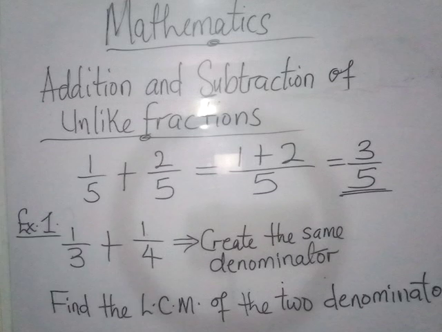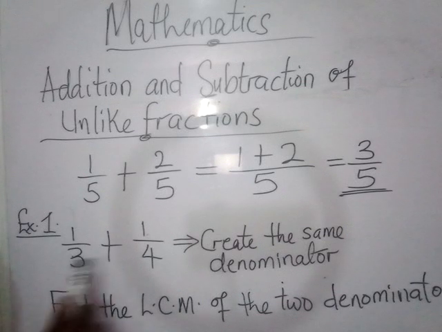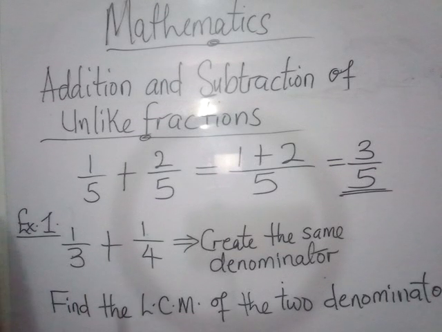Okay, I think that's a bit better. All right, so we need to find the LCM of the two denominators. Remember in our previous lesson, we learned about LCM, that is, the lowest common multiple of numbers. And what does that mean? It means the smallest number that 3 and 4 can divide into without leaving a remainder.